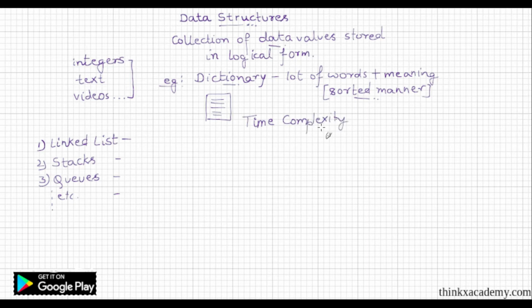There are basically three to four things that we do in a data structure. The first thing is we want to add something to our data structure. Second, we may need to search for something in that data structure. The third one is that we might need to delete some record.